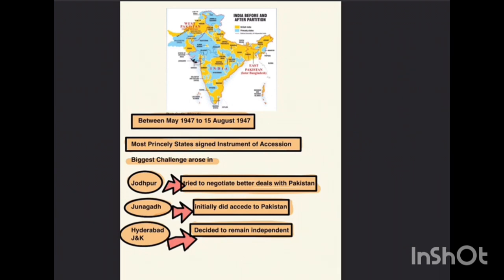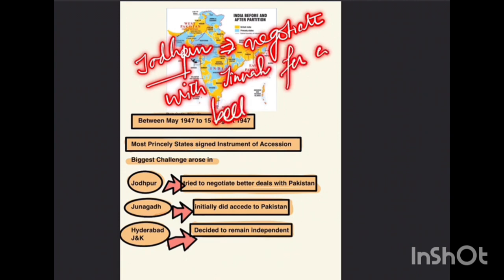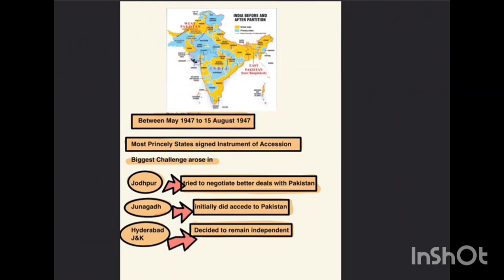However, a few challenges did arise, particularly in the state of Jodhpur, which tried to negotiate with Muhammad Ali Jinnah of Pakistan for a better deal. Eventually, it acceded to India. Junagadh, on the other hand, had initially acceded to Pakistan, and how things changed later we will see later in the video.